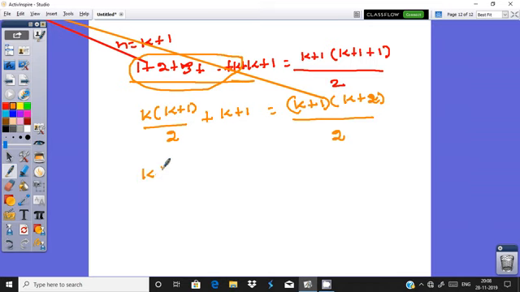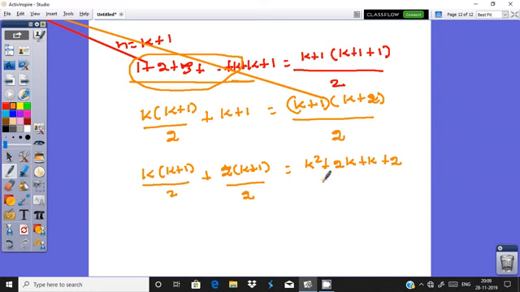So k into k plus 1 divided by 2 plus 2 into k plus 1 divided by 2. When I rewrite this, it becomes k squared plus k plus 2k plus 2, divided by 2.